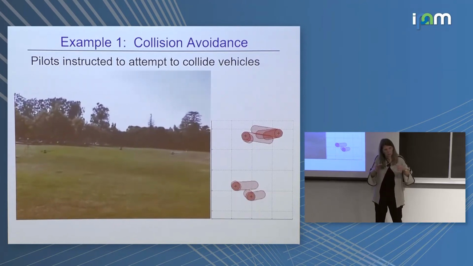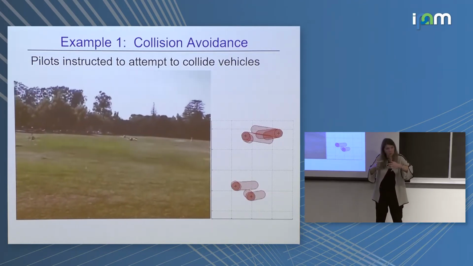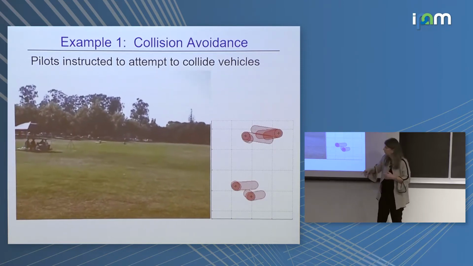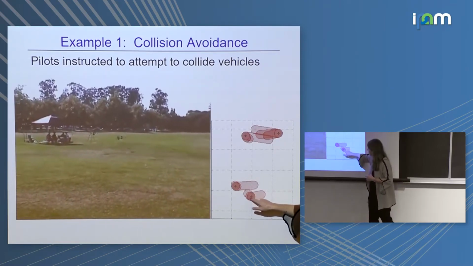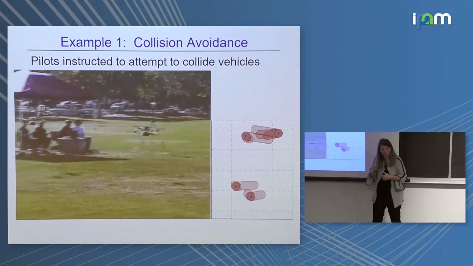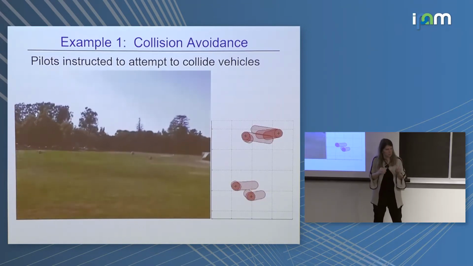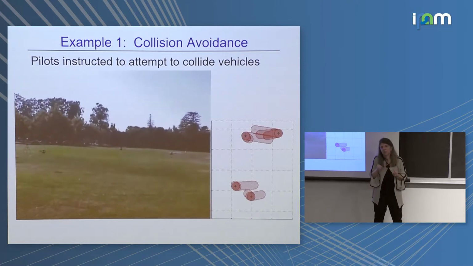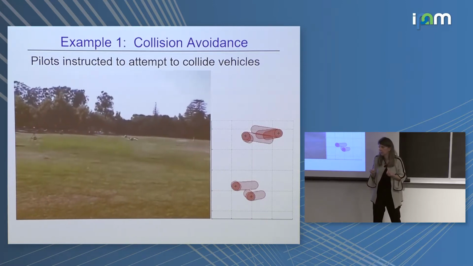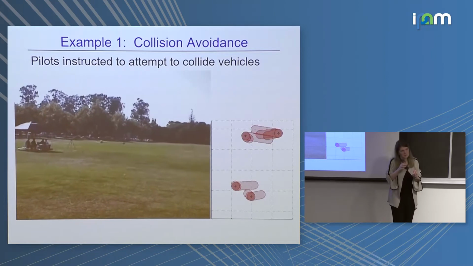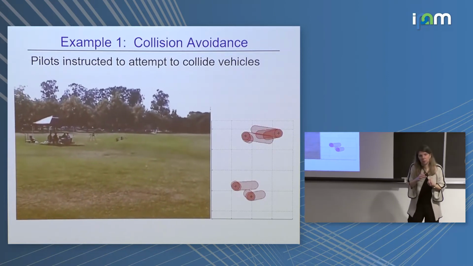Because quadrotors can't stop, but they can hover, you can guarantee that the union of these three sets represents the exact unsafe set for this particular problem for each aircraft. And that's a nice proof. We're not going to go through that here, but it depends on the dynamics of the problem you're looking at.